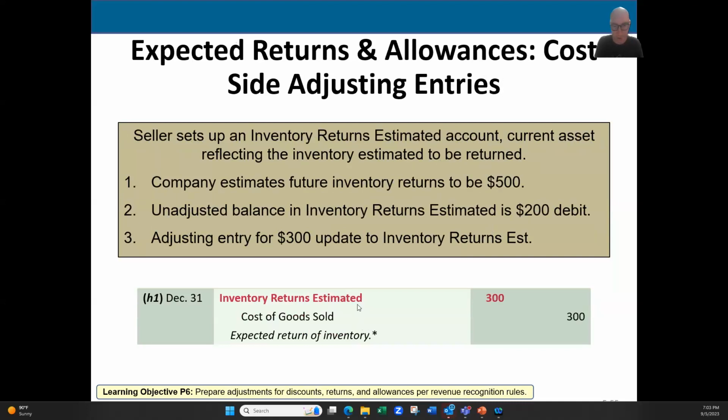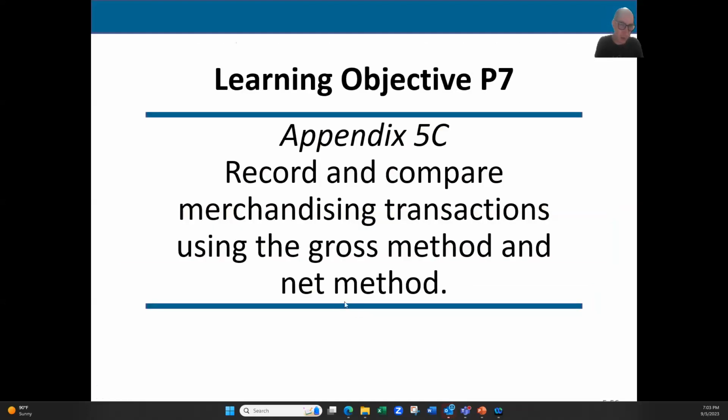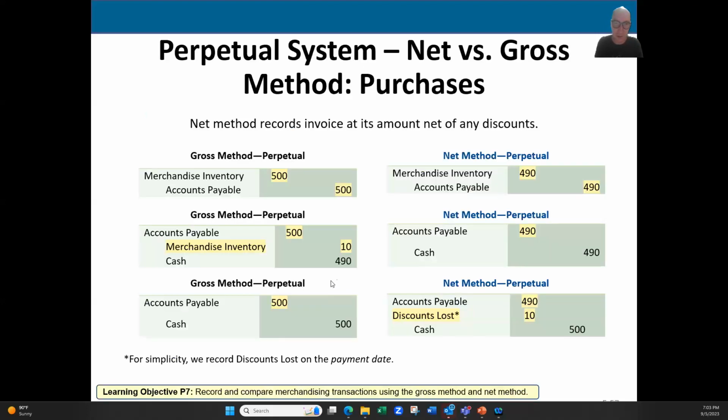This one is inventory returns that we've estimated that might happen. Again, it's an estimate. And then this again shows us the comparison between the methods for recording these types of discounts and adjustments.